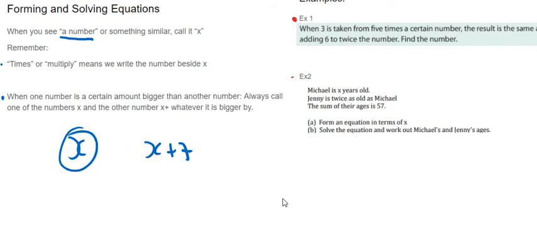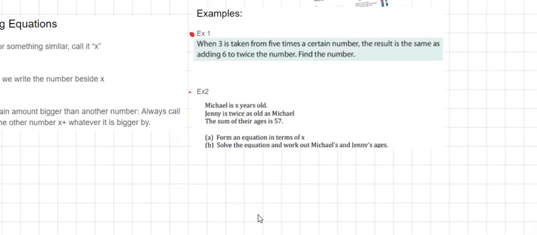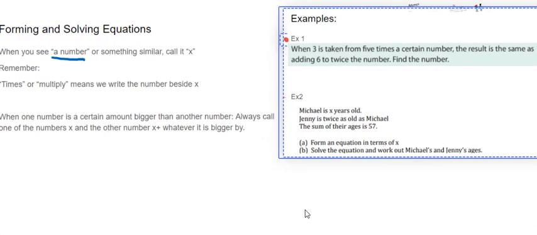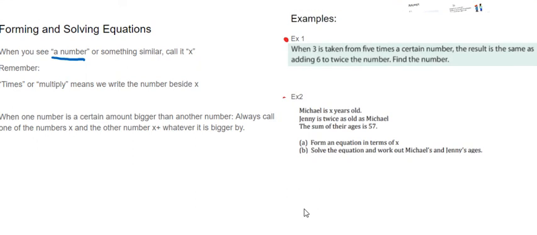So let's have a look at some questions anyway and try to put some of this into practice. The first one up here is: when 3 is taken from 5 times a certain number. Remember, we said over on the left hand side that when we see a certain number like that, we're going to call that x.